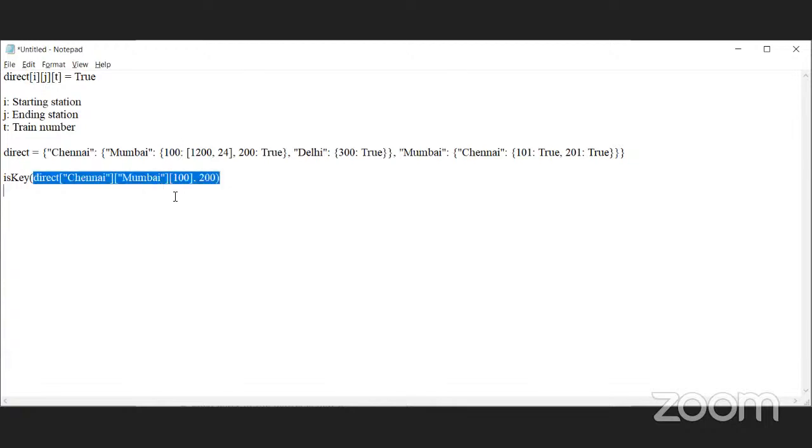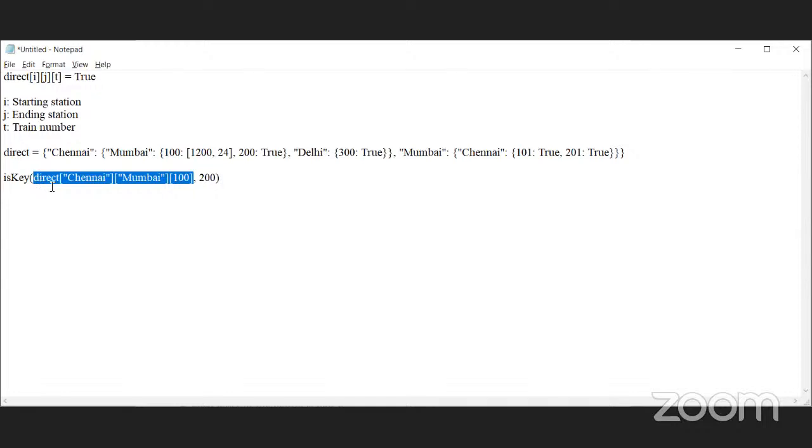Because in order to do this, the first parameter of the function has to be a dictionary. What is happening? You are checking whether 200 is a key inside this or not, right? Yes. But this highlighted part is not a dictionary in the first place.